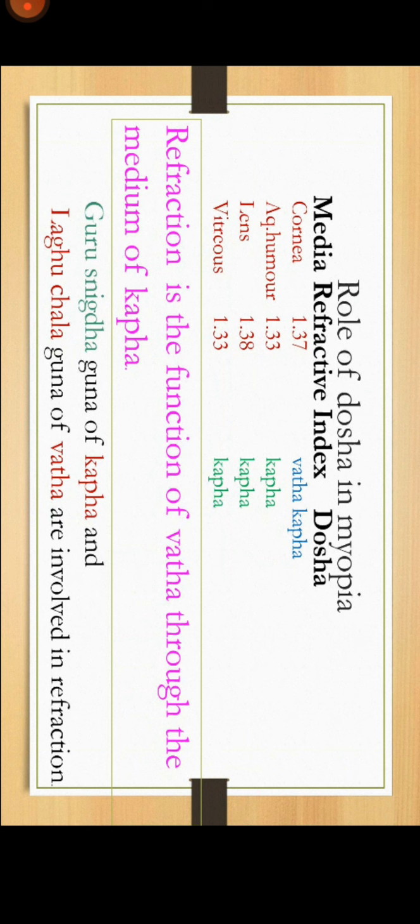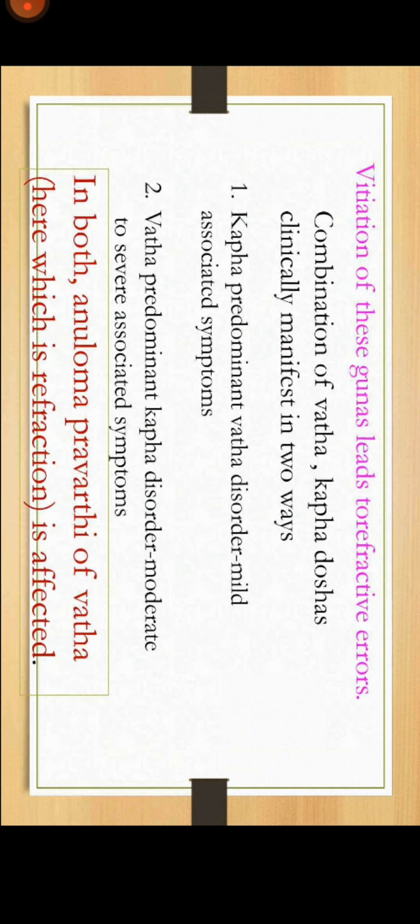So actually, the refraction is the function of Vata through the medium of Kapha. Guru snigdha guna of Kapha and chala guna of Vata are involved in this. Then vitiation of these gunas leads to refractive errors.